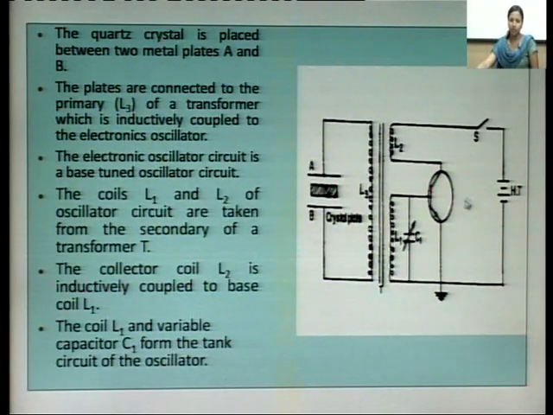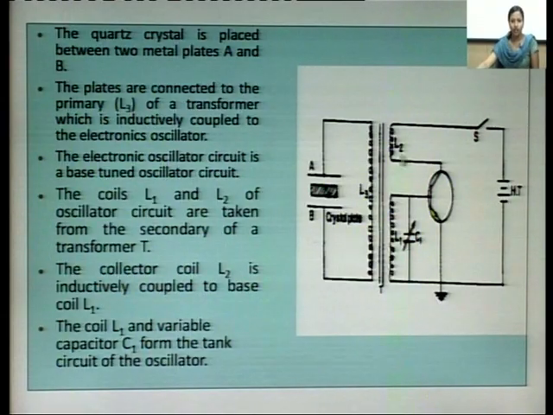This is the transformer. It has three parts: emitter, base and collector. It is attached with the base, so this is called a base tuned oscillator circuit. The coils L1 and L2, these two, are called secondary coils of the transformer.